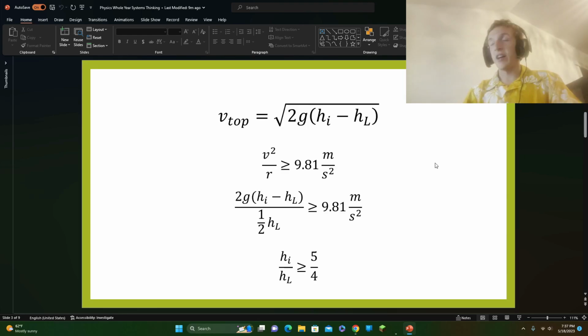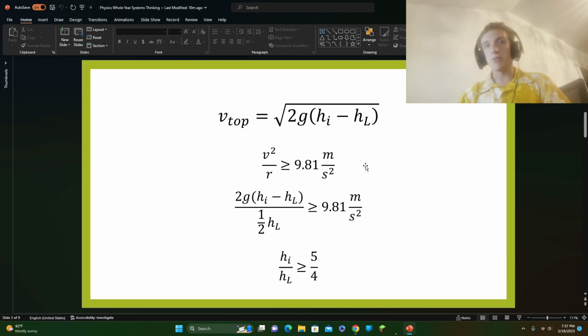Specifically, to find out how fast we need to go, we can use conservation of energy. So we know that the velocity at the top, using some rearranging of equations, is going to have to be the square root of 2 times the constant of gravity times the initial height minus the height of the loop.